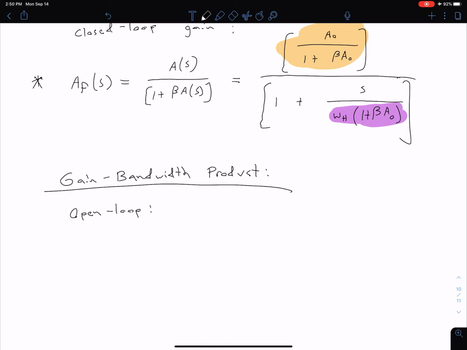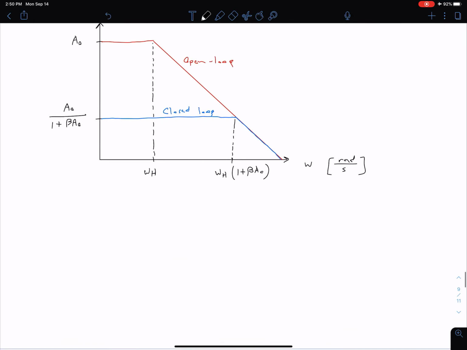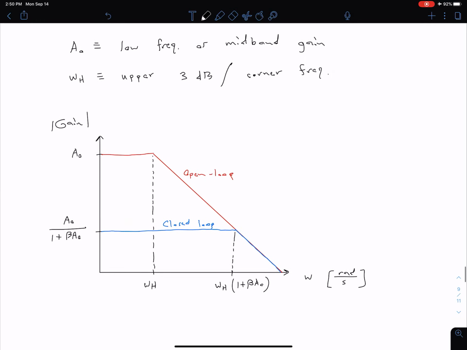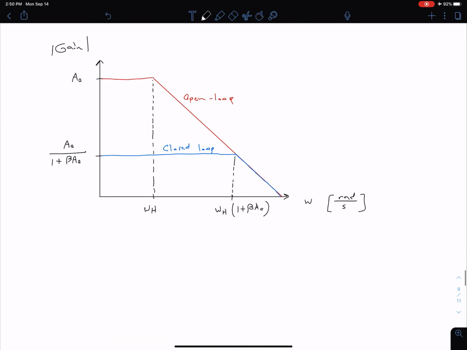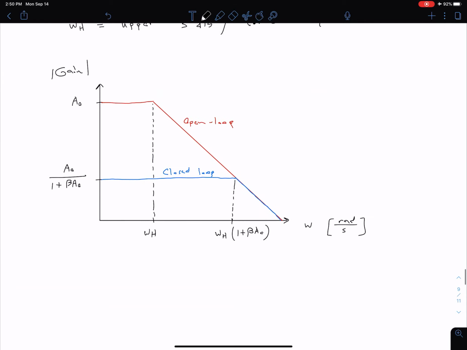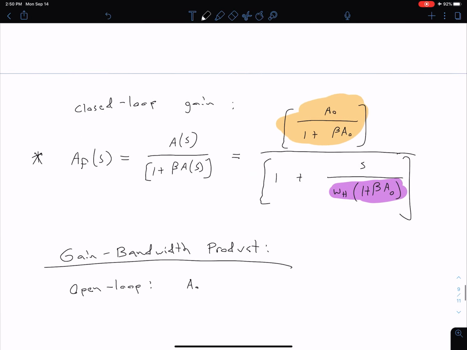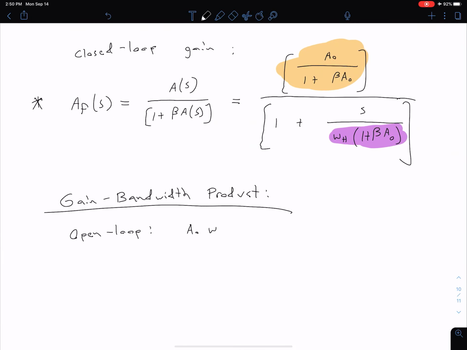For our open loop case, our gain, and we're talking about our small signal or midband gain, was A naught. And our bandwidth, as a first order, we can say is the frequency up to that 3 dB frequency, which is omega h. So for our open loop case, it's A naught times omega h. So simple as that.